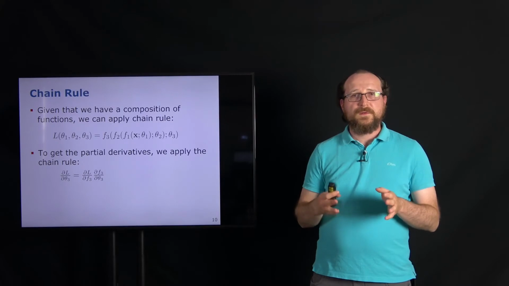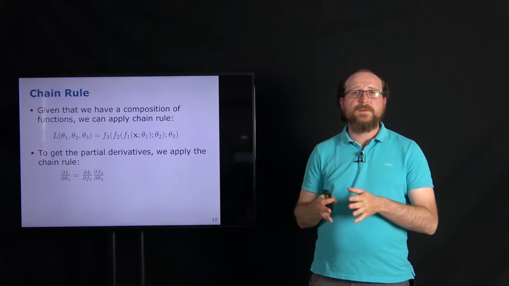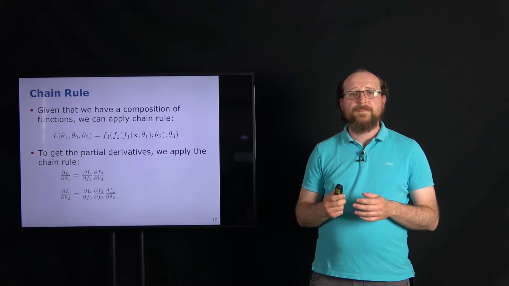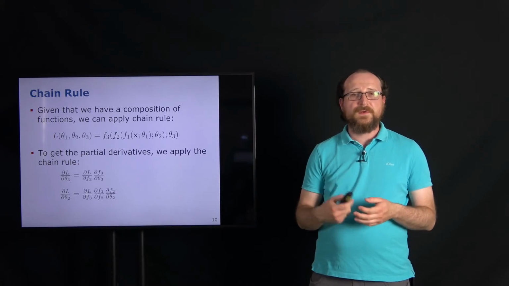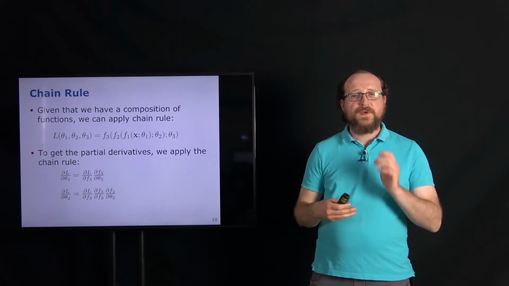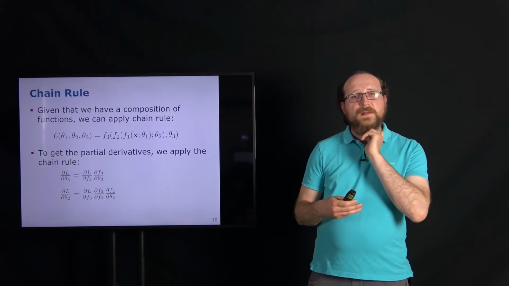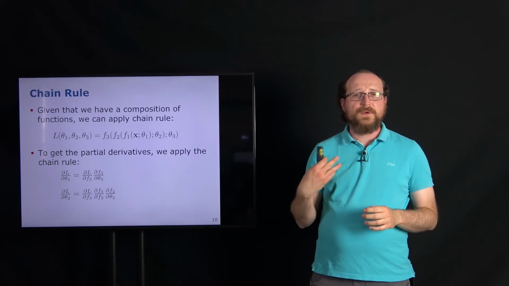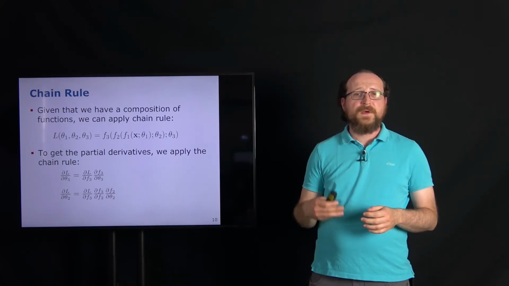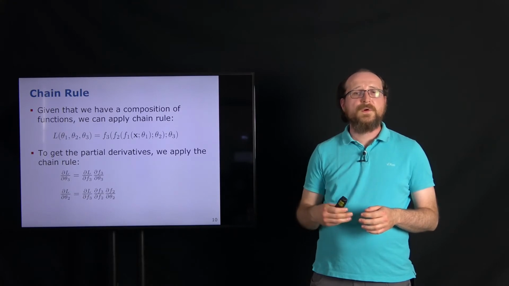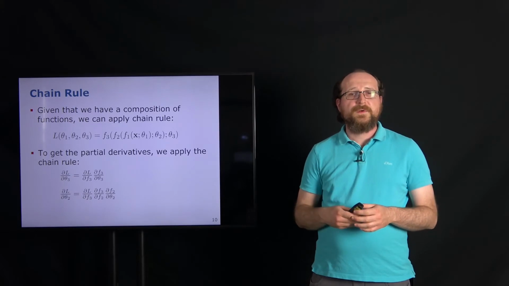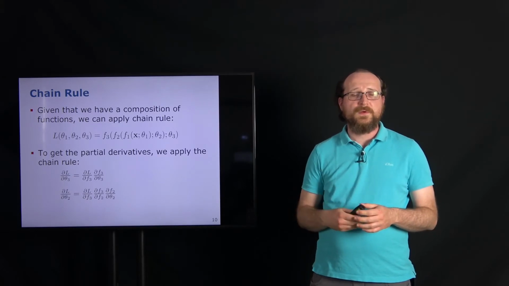So we are taking the outer function and multiplying it by the partial derivative of the inner function. In the case of theta 2, this gets a little bit more interesting, where we have our L and we take the partial derivative in respect to f3, and then we have f3 in respect to f2, and then we have the partial derivative of f2 in respect to theta 2.